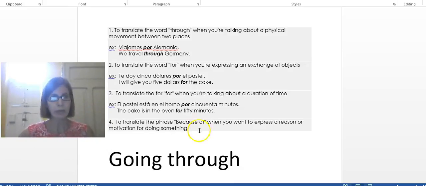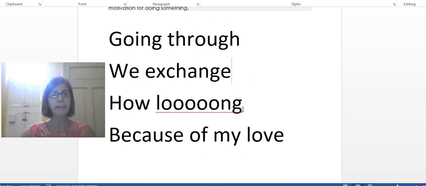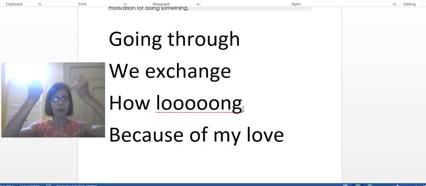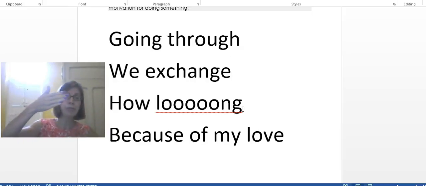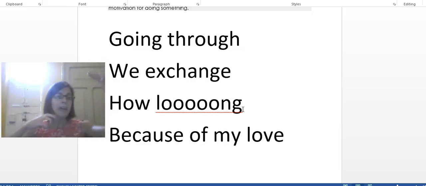So we are going to review this with a brief little movement song. Maybe it will be stuck in your head so that when you need to apply when to use these words, you'll remember. So when we're talking about going through, or when we exchange, or how long, or because of, remember that reason?